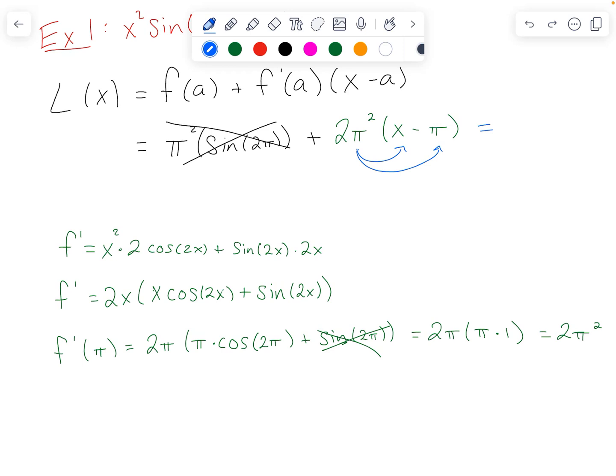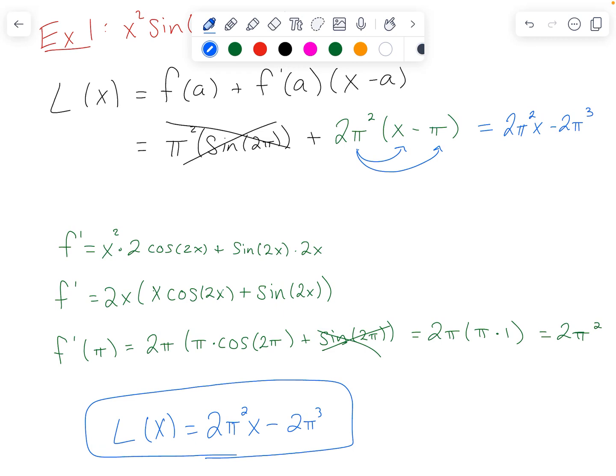So I get 2 pi squared x minus 2 pi cubed. So that's my linearization function. So my final answer would be linearization of x equals 2 pi squared x minus 2 pi cubed. So there's my linearization function.